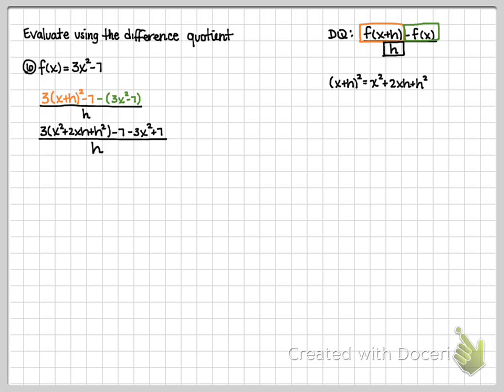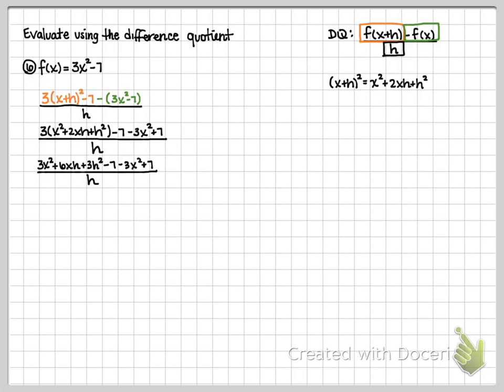Now let's distribute that 3. And then just bring down the rest of it. Don't forget the h.